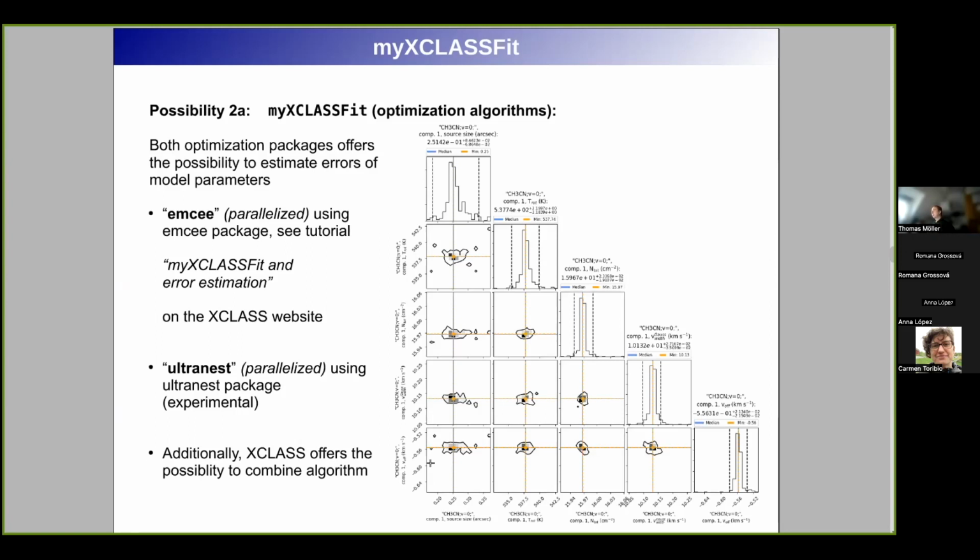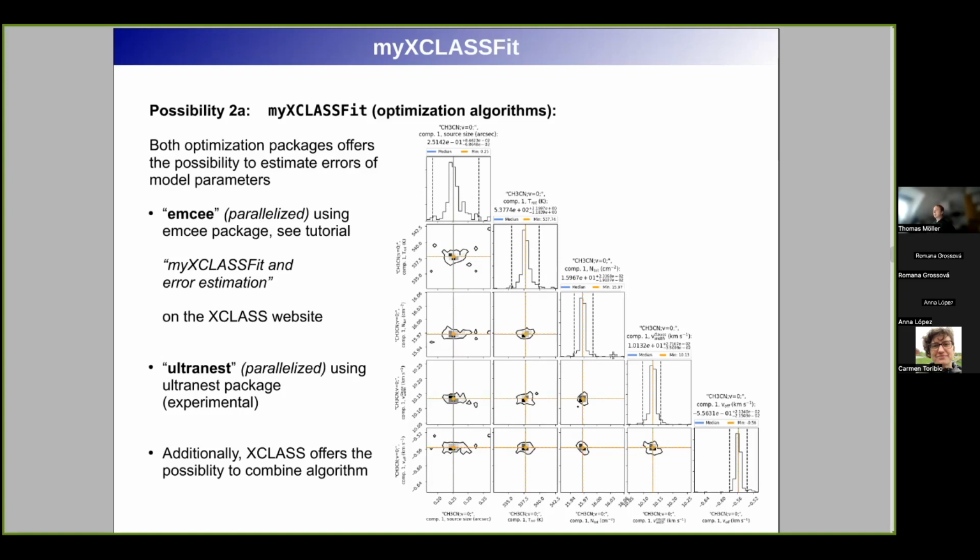One result of the MCMC package is the so-called corner plot, which you can see on the right side. On top of each column, you see the probability distribution for each parameter and the corresponding error limits, or the trusted regions. And in the other rows, you can see the 2D projection of the parameters.